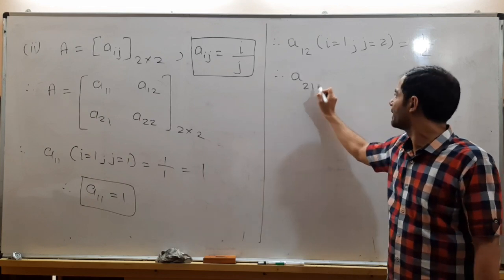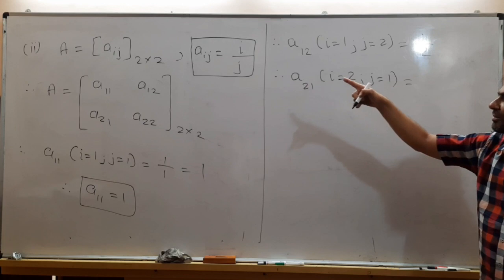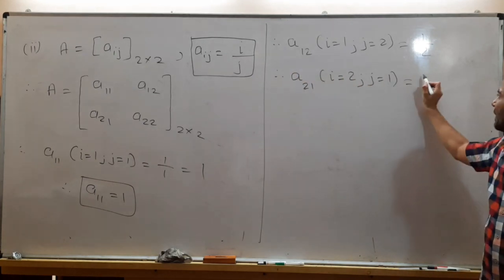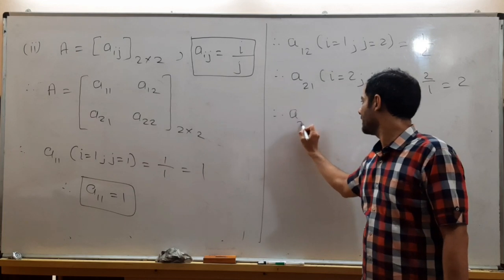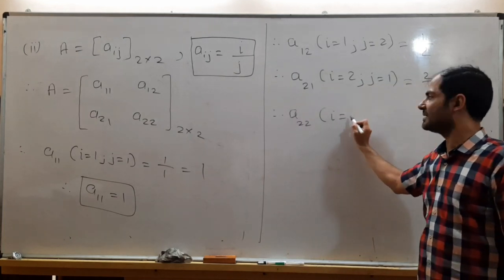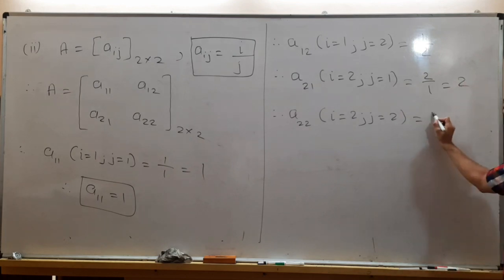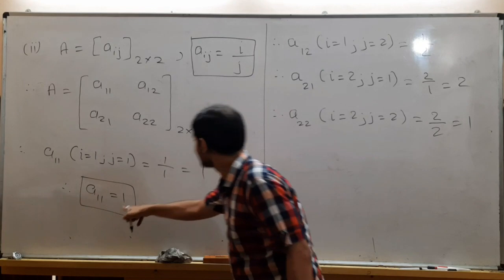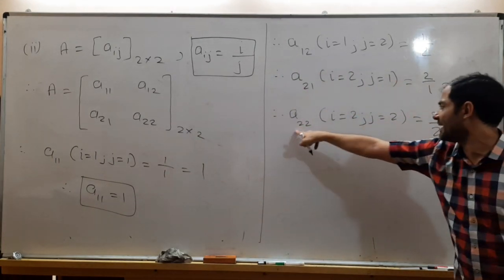For A21, I is 2, J is 1. Formula is I by J. So 2 by 1. So it's 2. And A22, where I is 2, J is 2, will be 2 by 2, 1. So finally, A11 is 1, A12 is 1 by 2, A21 is 2, and A22 is 1.